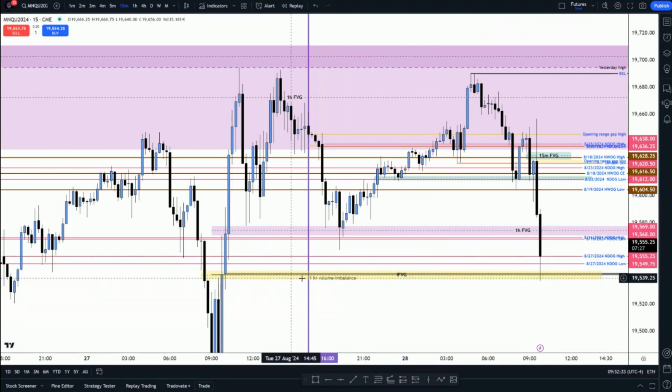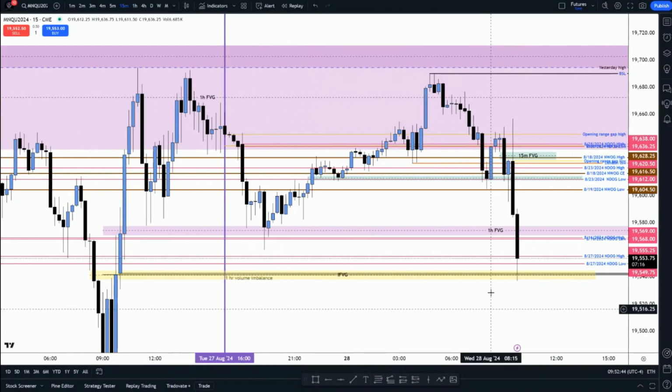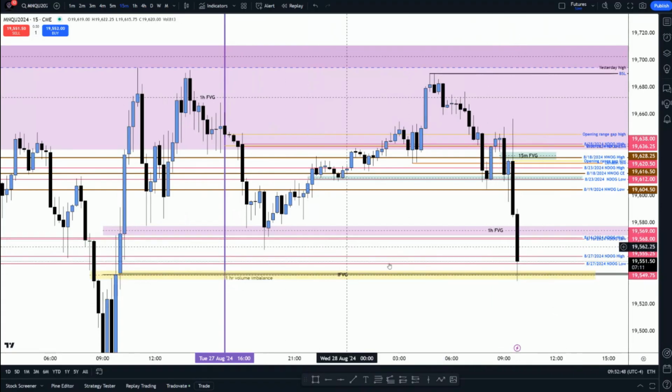So look, there was an inversion fair value gap. This would actually be a nice bounce point right here. This inversion fair value gap with this volume imbalance. This is where price should draw to, and I think this is where price should stop. I don't think we should draw any further down.